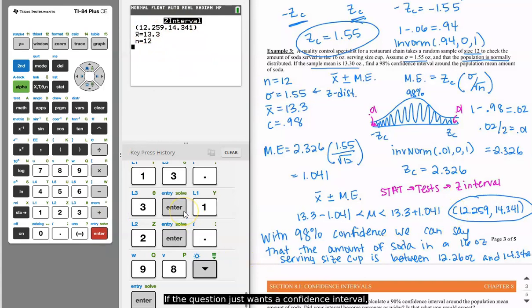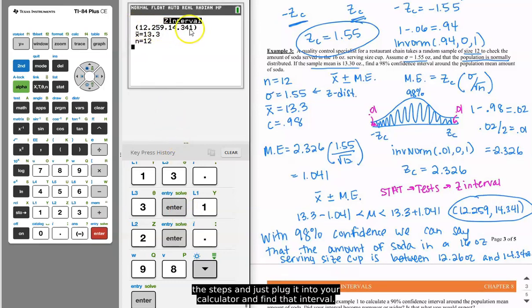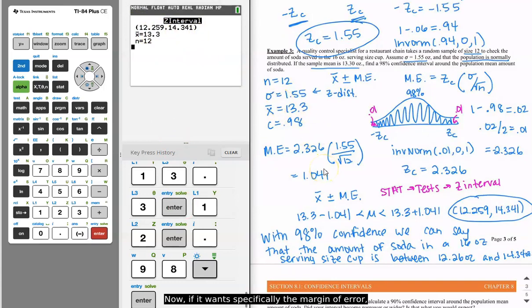So if the question just wants the confidence interval, you can bypass all of these steps and just plug it into your calculator and find that interval. Now, if it wants specifically the margin of error, then it's easy. You can calculate it by hand here, okay? So that is our first example of how we can find a confidence interval.